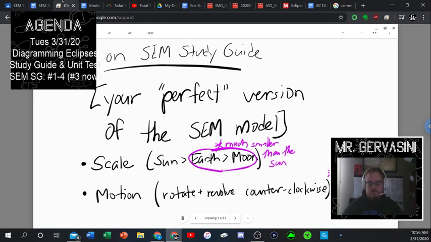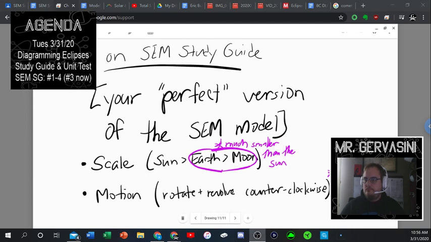Anybody else have any final questions about the Sun, Earth, and Moon? For number 3, instead of describing, explaining, we can just draw a diagram, or do we also have to explain the drawing?